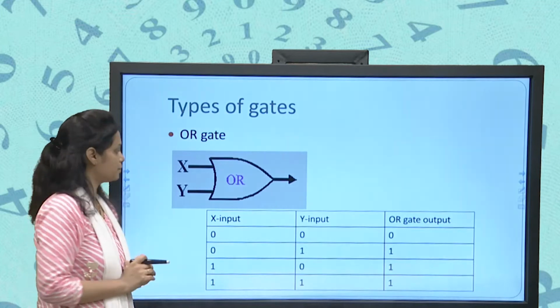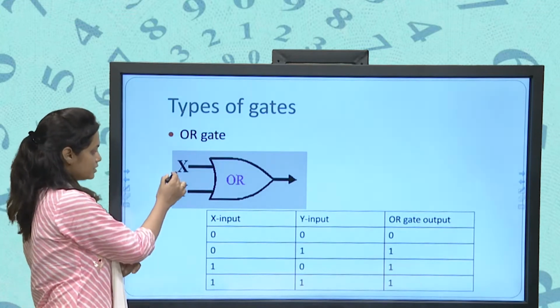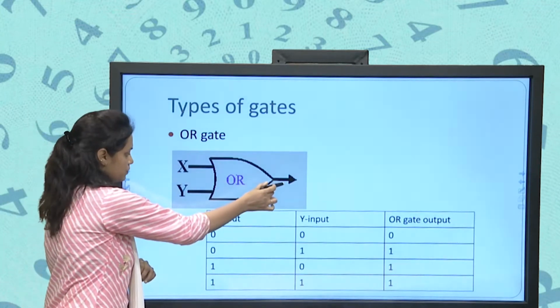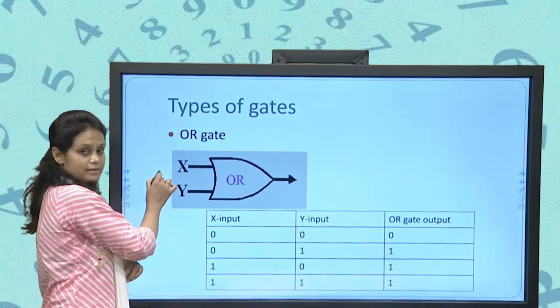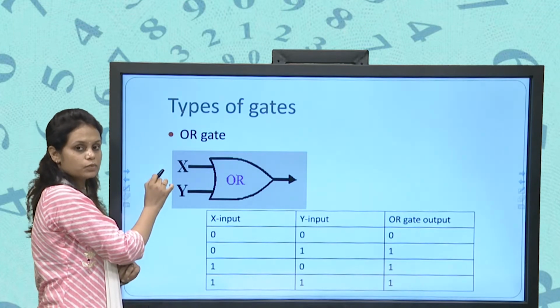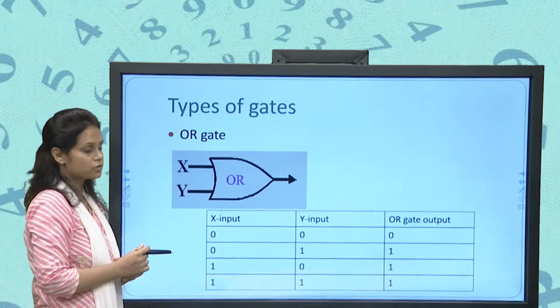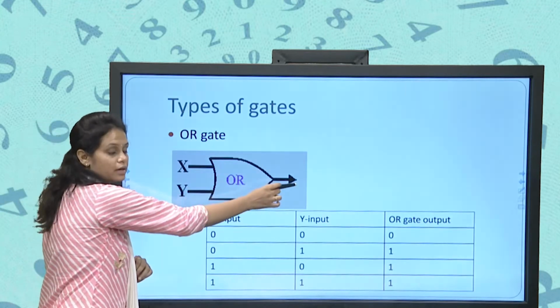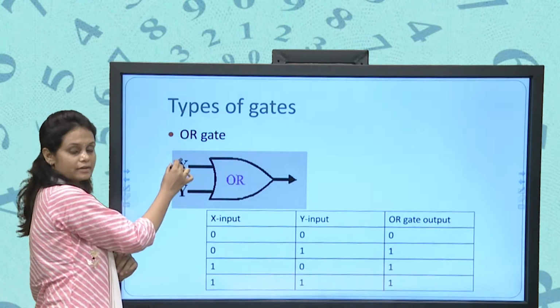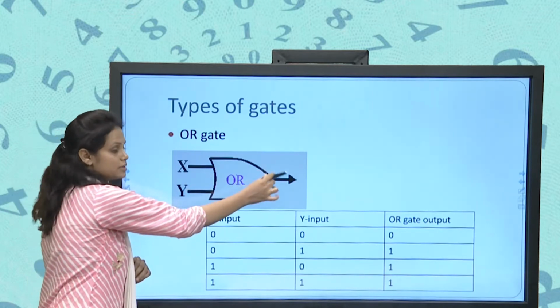We will see the example. If X is 0, Y is 0, output is 0. If X is 1, Y is 0, output is 1, because X is 1. At least one bit is 1, then output is 1. If X is 0, Y is 1, output is 1, and if both X and Y are 1, output is 1.